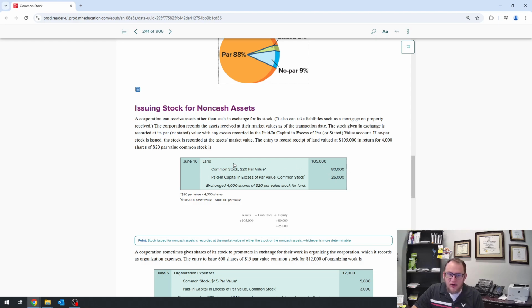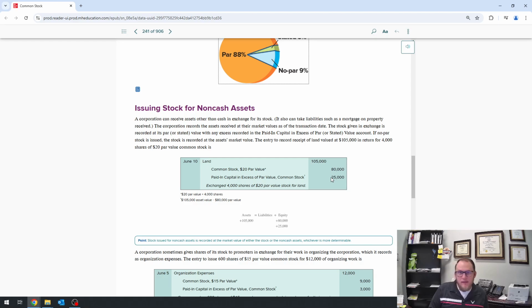We have our common stock with a $20 par, so $20 per share, 4,000 shares, so there's $80,000 of par value that we are issuing. So we have our common stock $20 par value for $80,000. And then we have our paid in capital in excess of par value for the remaining $25,000. So again, it's very similar to cash, but instead of receiving cash, you received another asset.